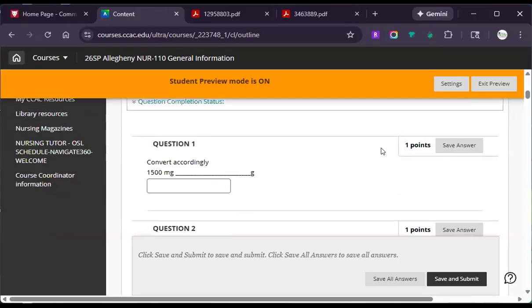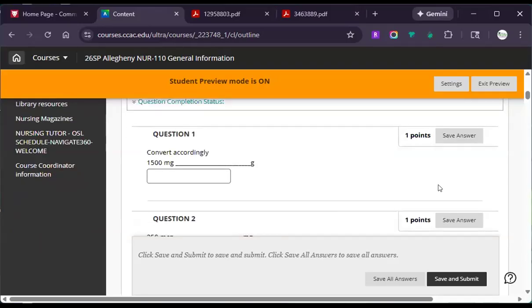So let's proceed. When we are doing problems that involve conversions, some of you are already good at just saying, okay, I'm just going to move this over 3, and then I'm going to get an answer of 1.5, and then you're good to go.